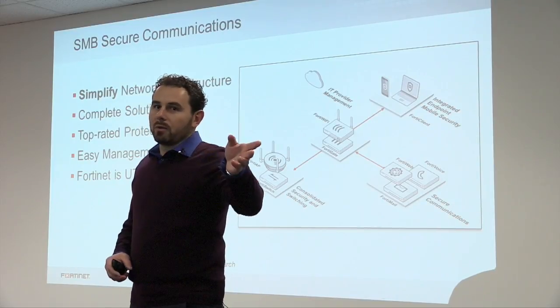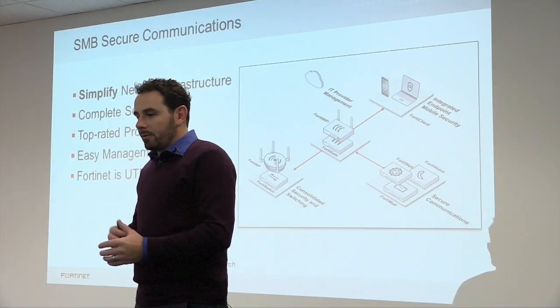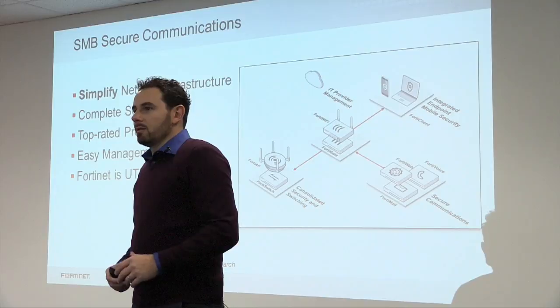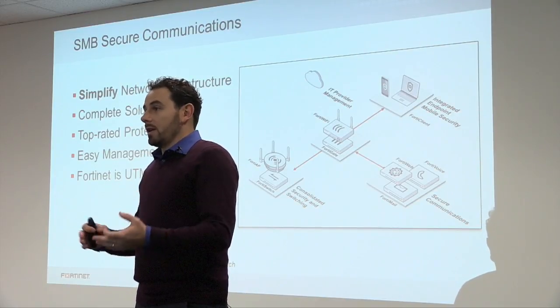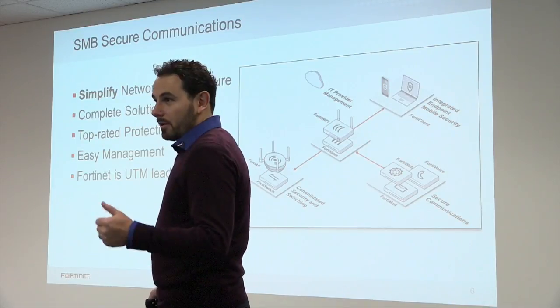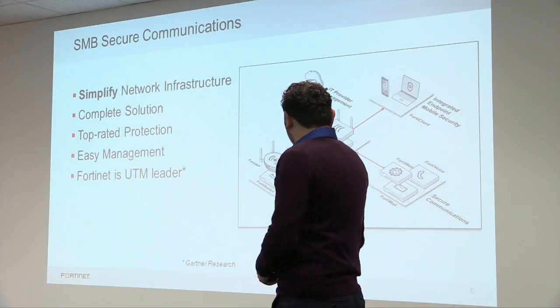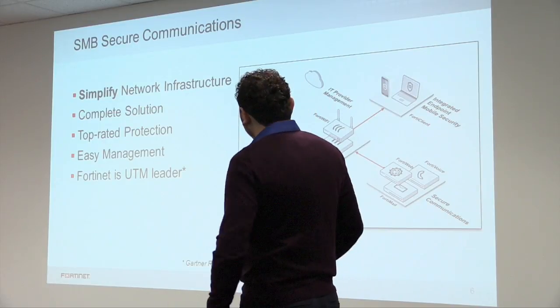You don't have to buy one thing from one vendor and another from the other, or look for different ways to control it. It's simple. You just have the package that includes the security, the access, the wireless access. And with Fortinet, right, as a very trusted vendor for security, so the complete solution.